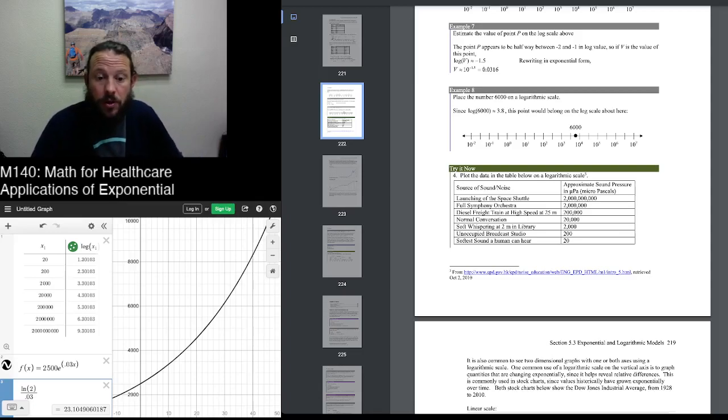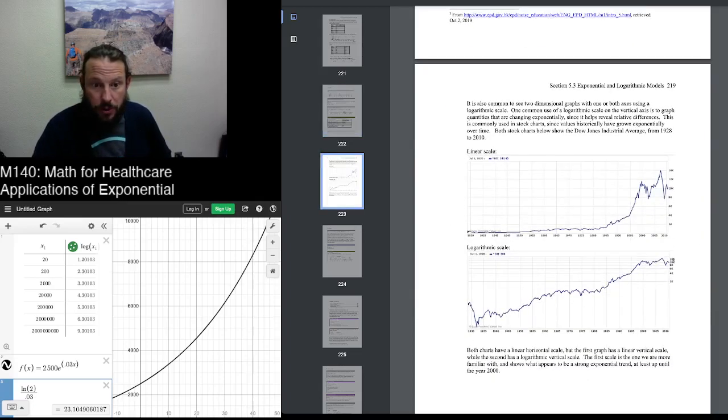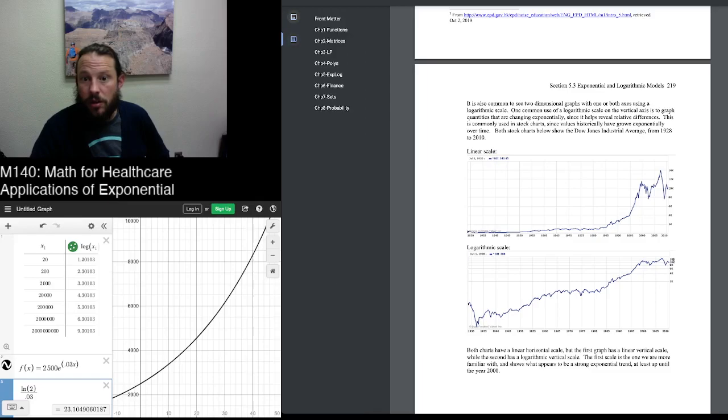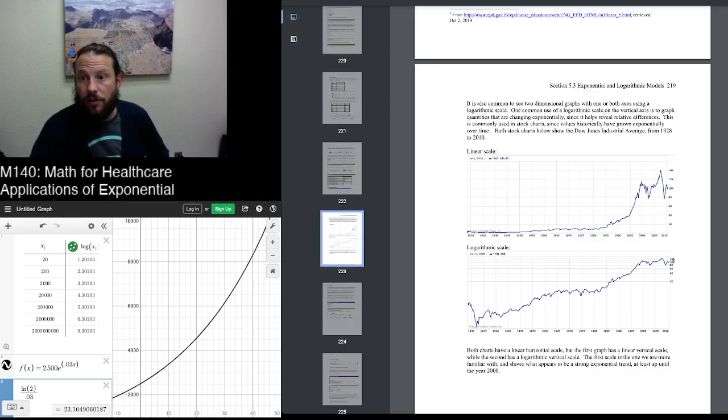In that big range, I should bring up that we do this sometimes when we look at some changes over time. One example is the stock market. It's changed by so much money that you could see that on a linear scale, it's a little tough to tell what's going on down here because it was such small change down in the 1930s, 1935-ish.